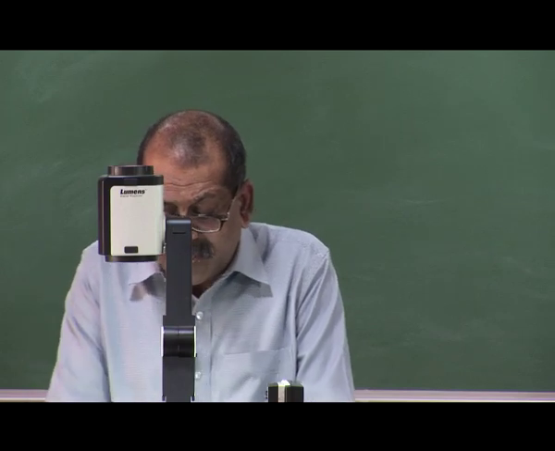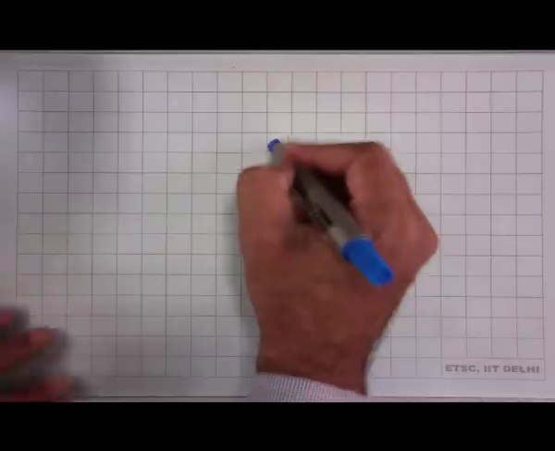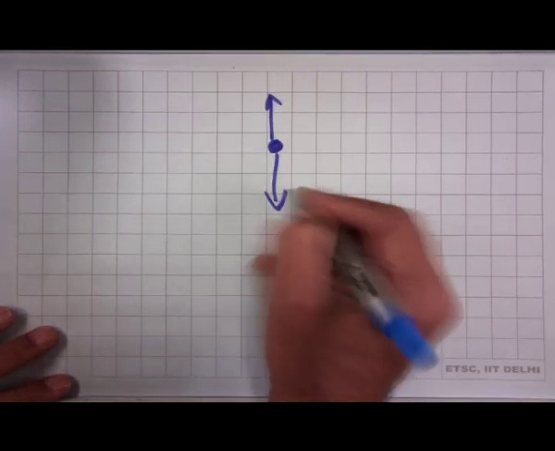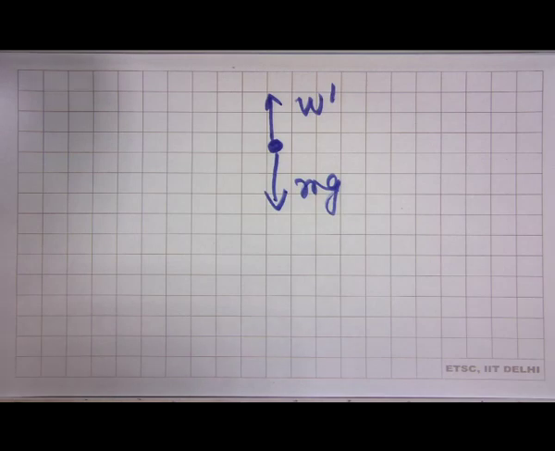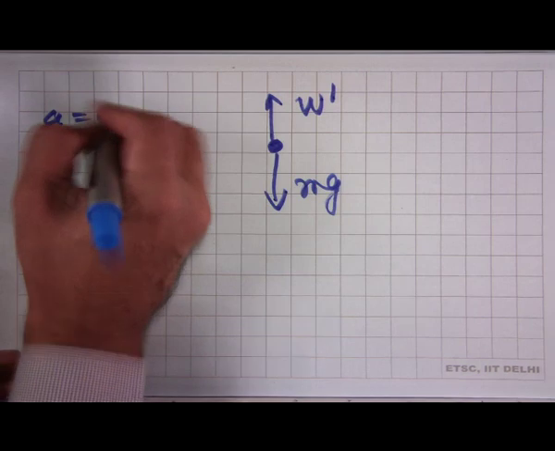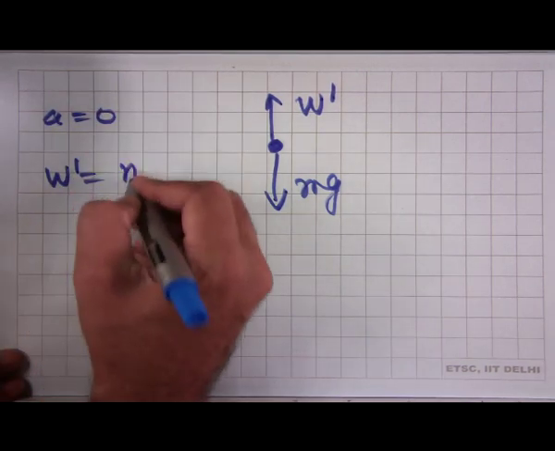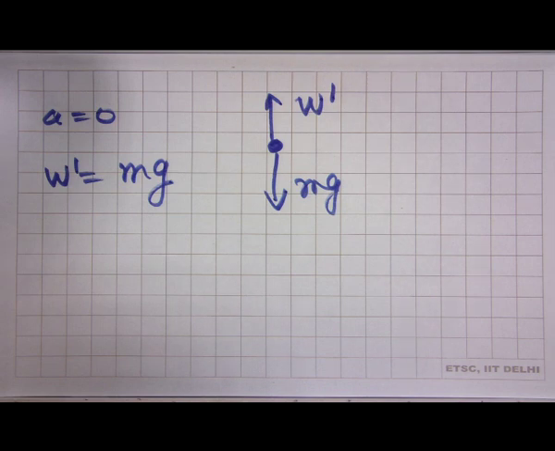So, when acceleration is equal to 0, the free body diagram in all cases will be N and mg, and I am replacing N by W prime because N is equal to the reading which will be shown. Now, when acceleration is equal to 0, we get W prime is equal to mg. So, the weight which the scale shows is my weight, which is correct.